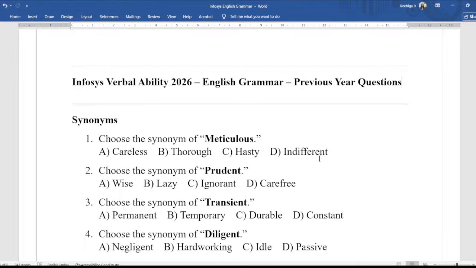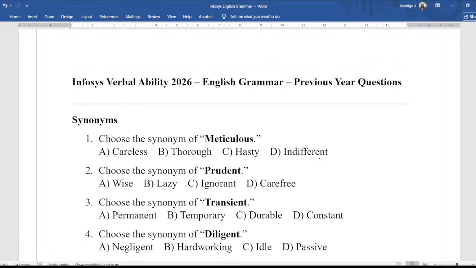Okay. So before getting into the question, this is English grammar part, isn't it? So under English grammar, you will be having various, like, 5 questions basically. So this will also be useful for you in the verbal ability section. But apart from that, you also have English grammar, right? So under English grammar, you can expect to have questions from synonyms, antonyms, error spotting, fill in the blanks, sentence completion, sentence correction.